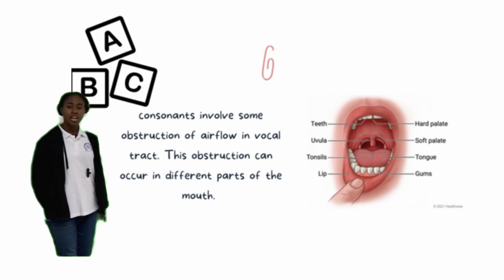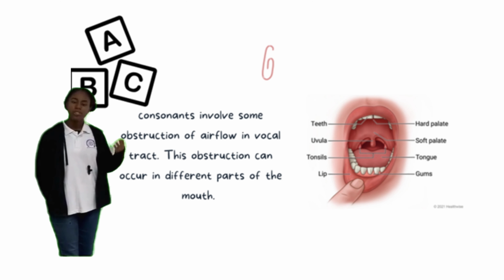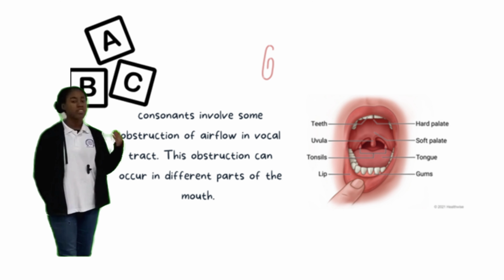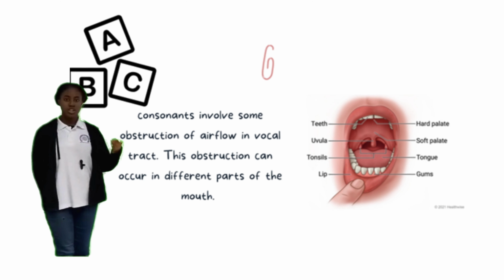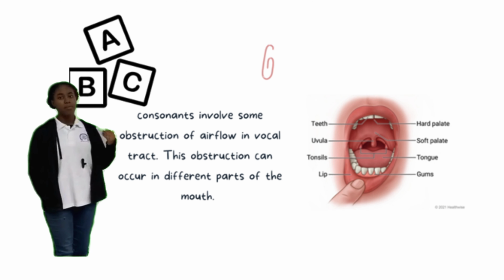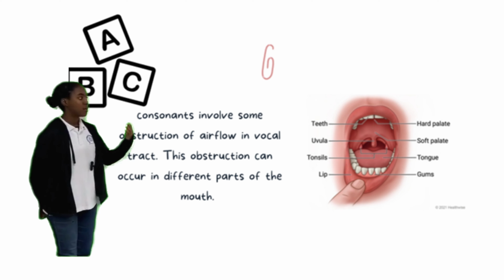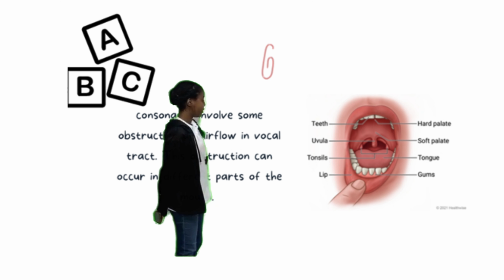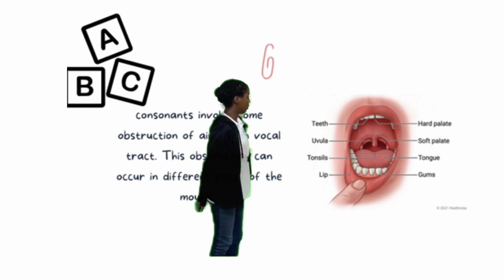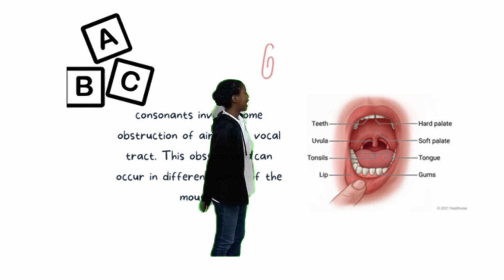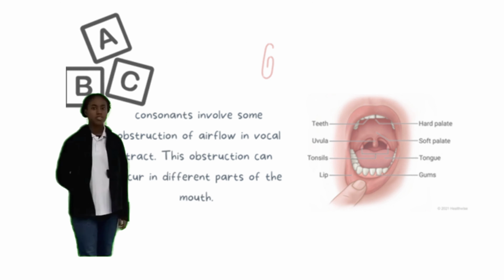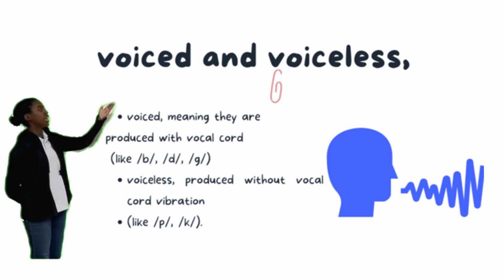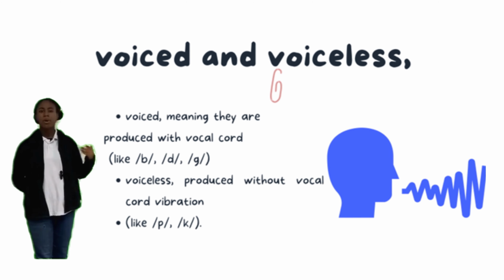Consonants are sounds that are produced with some obstruction of the airflow in the vocal tract. This obstruction can occur in different parts of the mouth. The parts of the mouth are teeth, lips, tongue, soft palate, and hard palate. We have voiced and voiceless consonants. But what does it mean?